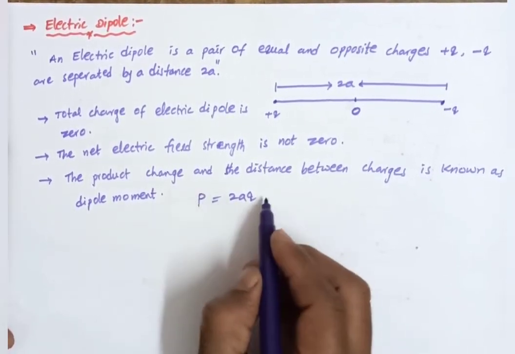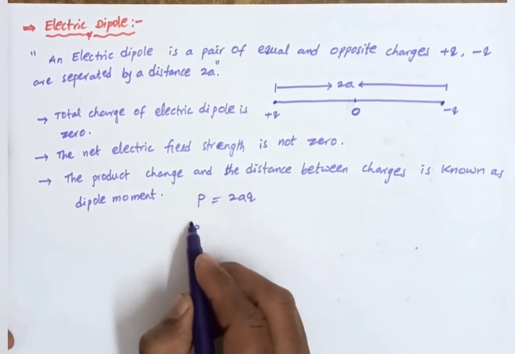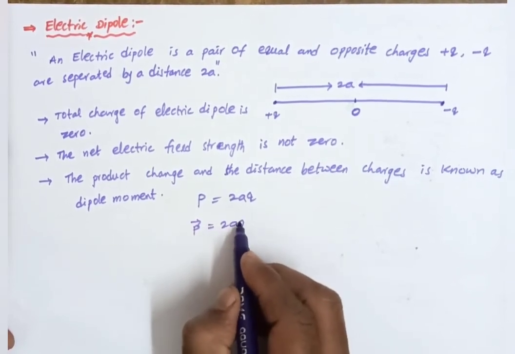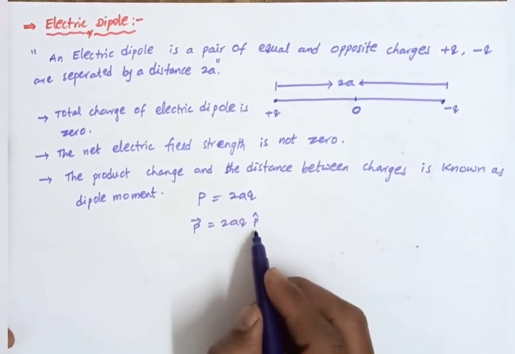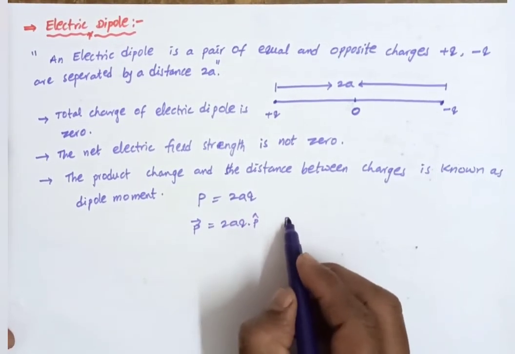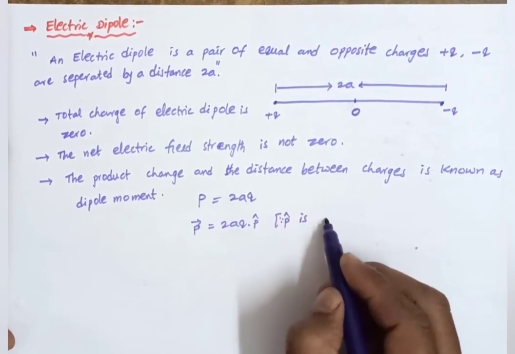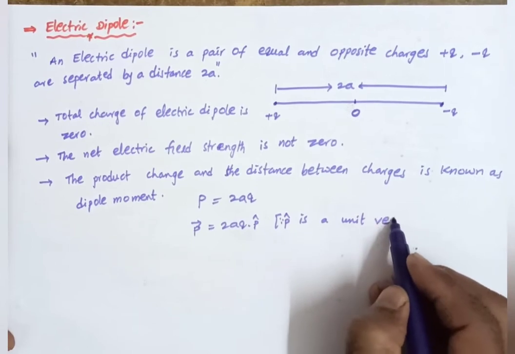It is a scalar quantity, but it is written as a vector quantity, P bar equals 2aq into P cap, where P cap is a unit vector.